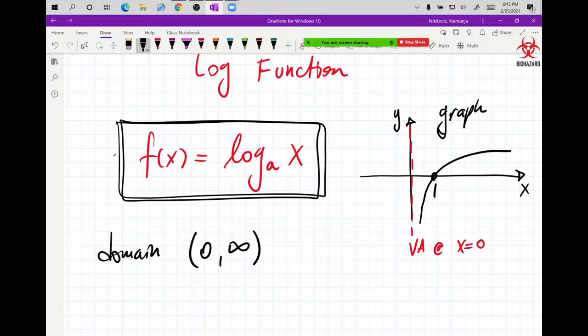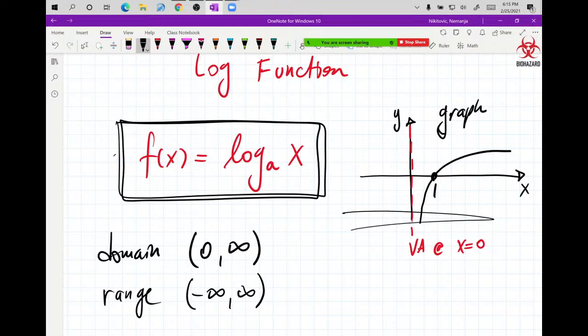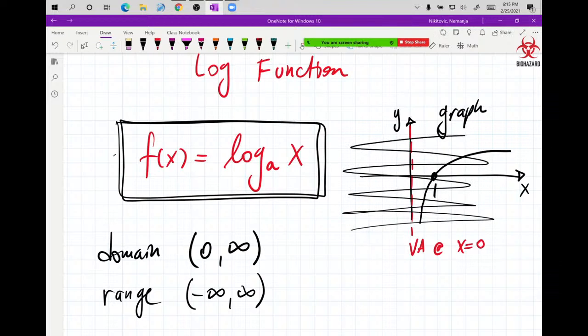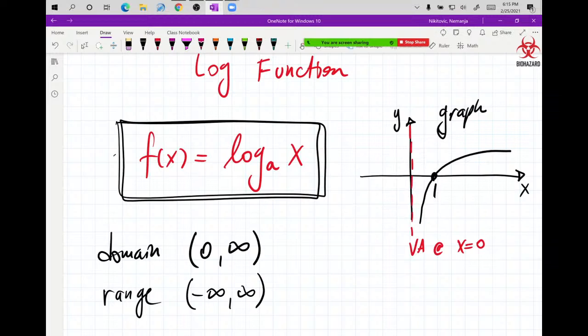So we would just say positive numbers are in the domain of the log. Only positive numbers. For the range, it's all real numbers, because you see that all of the y values are represented from negative infinity to positive infinity.